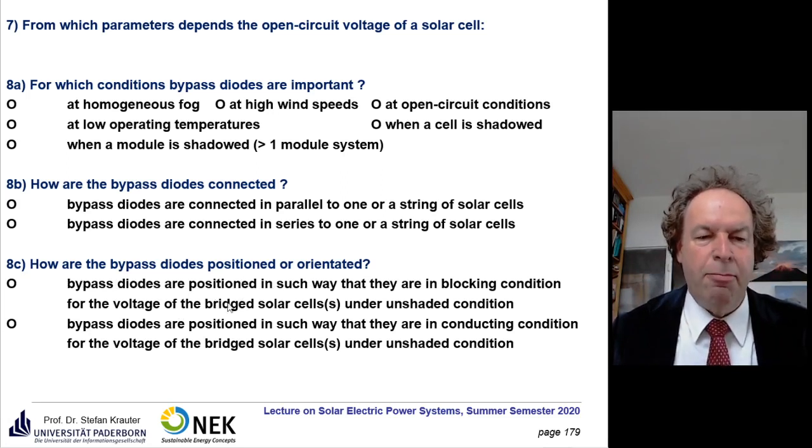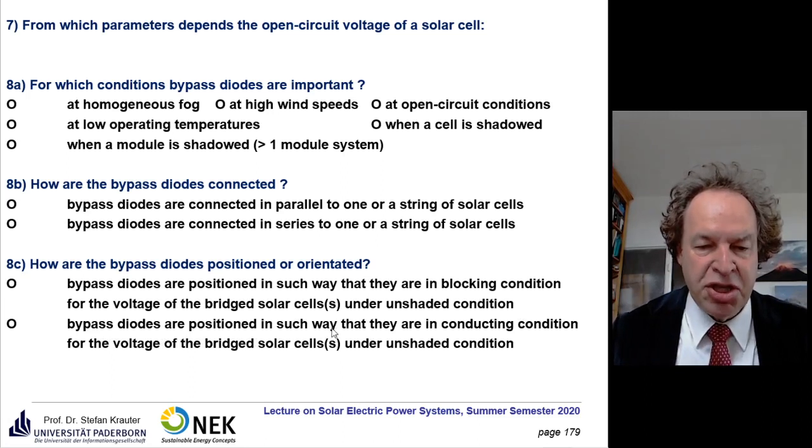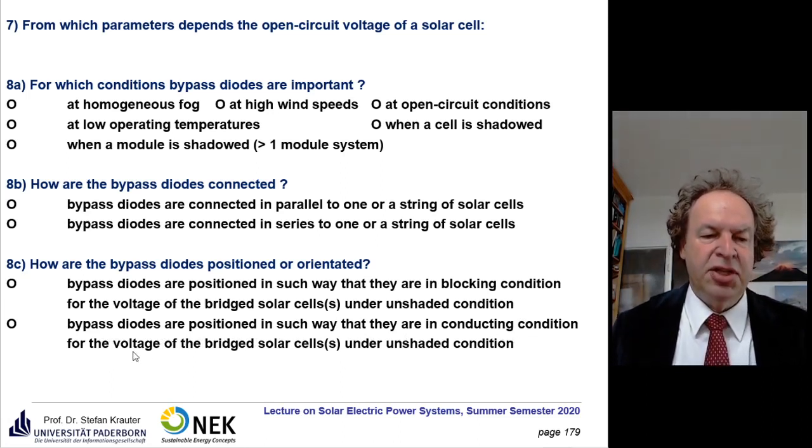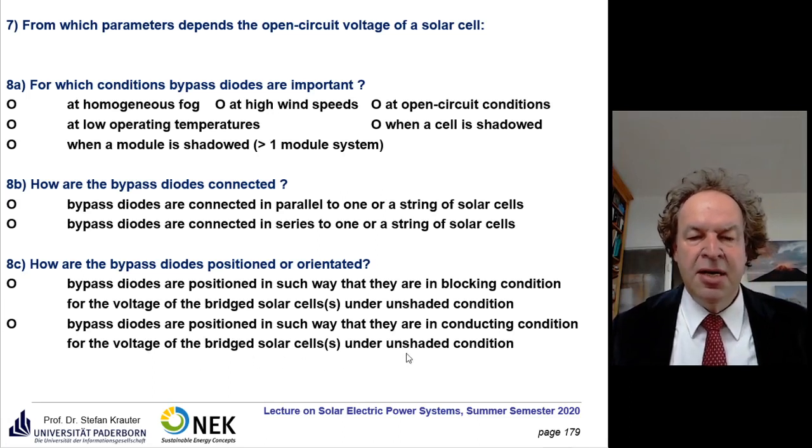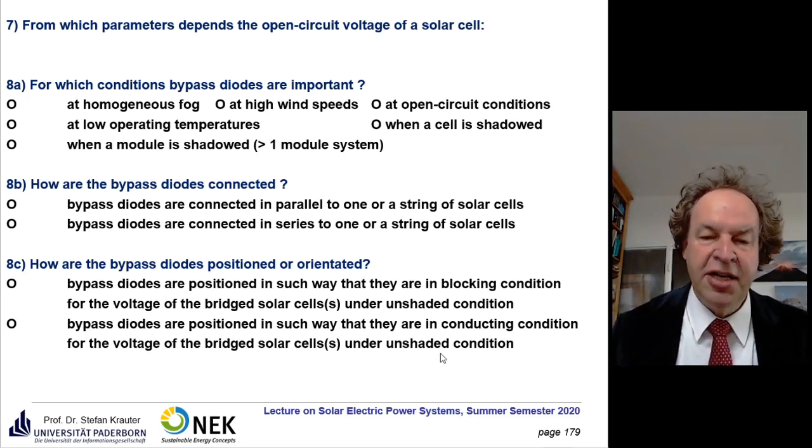Bypass diodes are positioned in such a way that they are in blocking conditions for the voltage of the bridged solar cells under unshadowed conditions, so just the normal operation of the solar cells. Or bypass diodes are positioned in such a way that they are in conducting conditions for the voltage of the bridged solar cells under unshadowed or unshaded conditions.